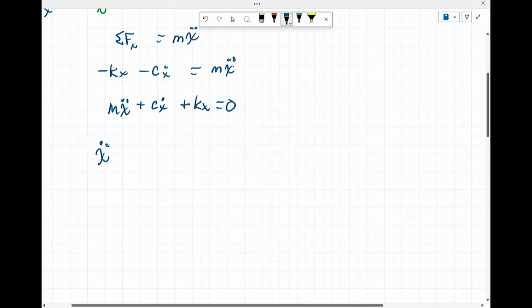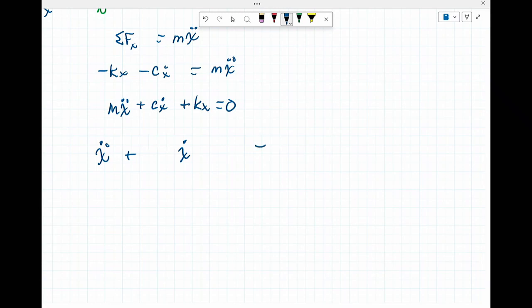X double dot, okay, no problem. X dot plus x is equal to 0. Here I'm going to write 2 zeta omega n x and omega n squared. So omega n squared is exactly the same term as I've had before, so that's okay, I'm fine with that. But the zeta term is new.